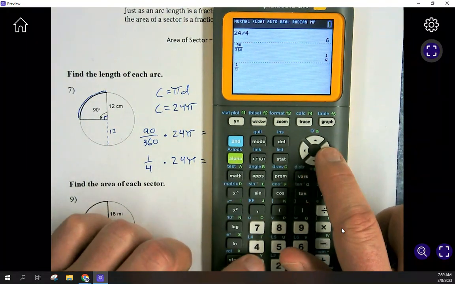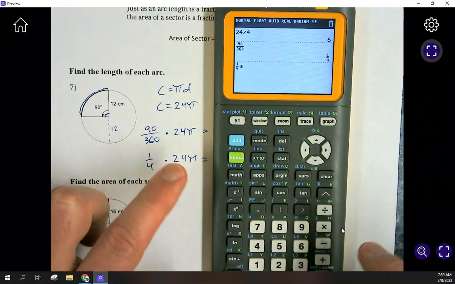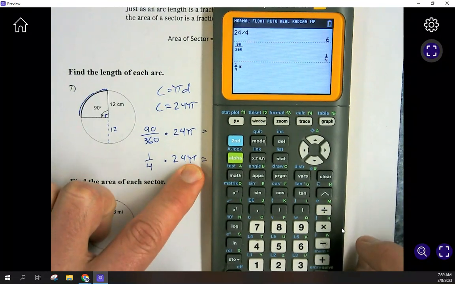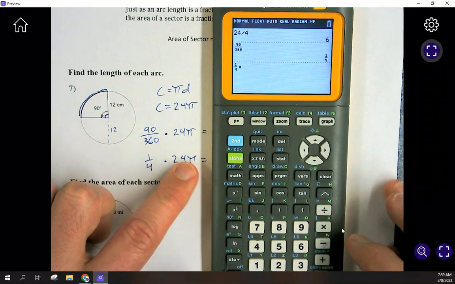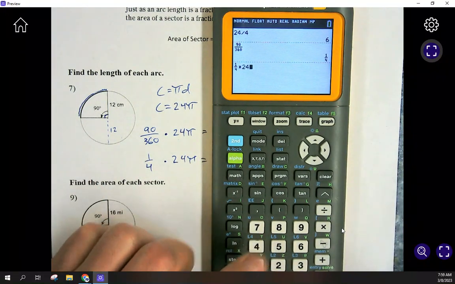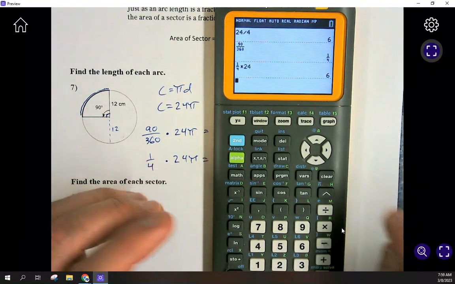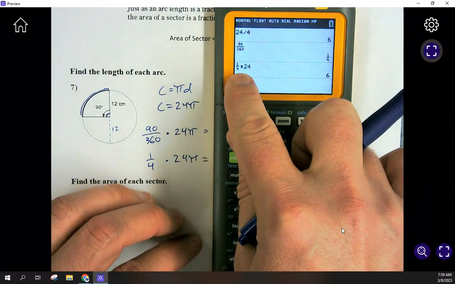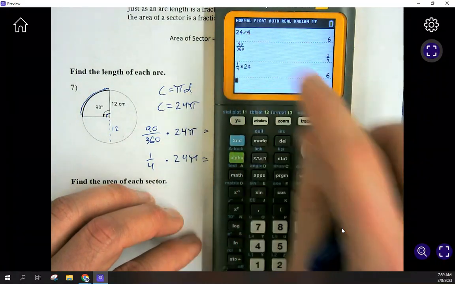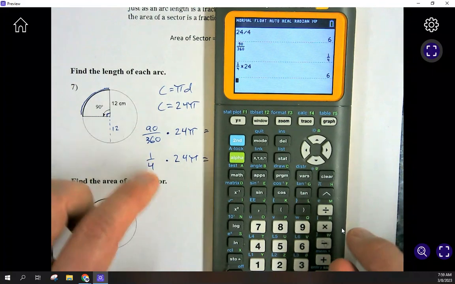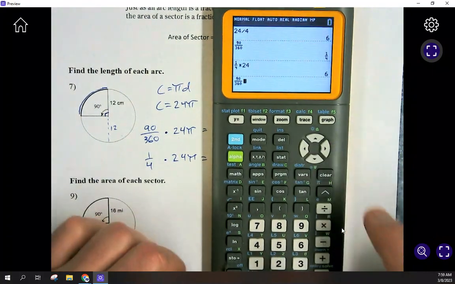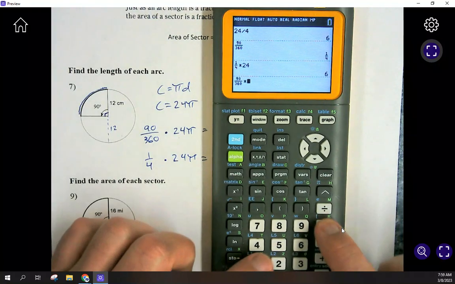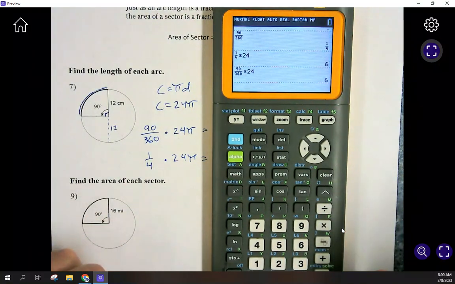And so 1/4 times, now don't punch in the pi. If you punch in the pi, it's going to go ahead and put that 3.14 decimal in there, and we don't want that. So just times the 24, and there's your 6, just like dividing by 4. So multiplying by 1/4 is the same as dividing by 4. And even if I used the other fraction, 90 over 360, didn't simplify it, if I times it by 24, it's still 6.